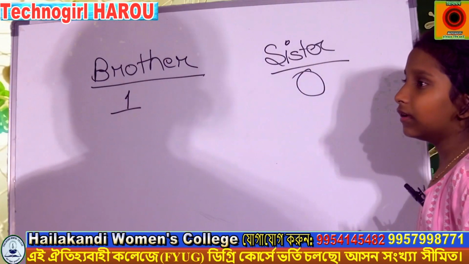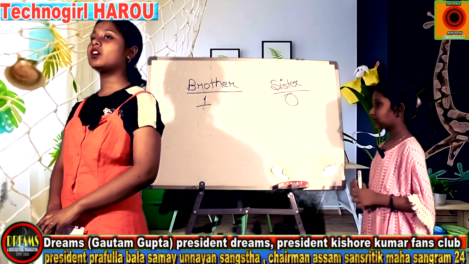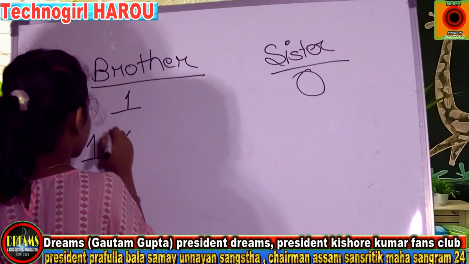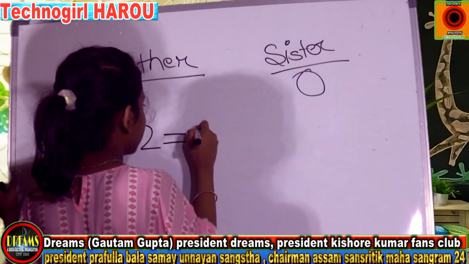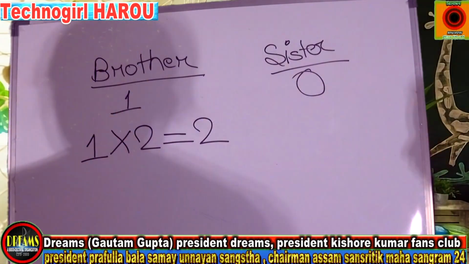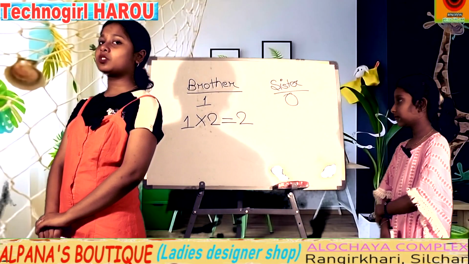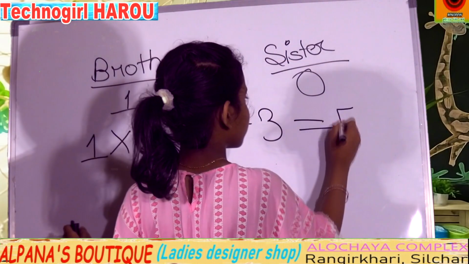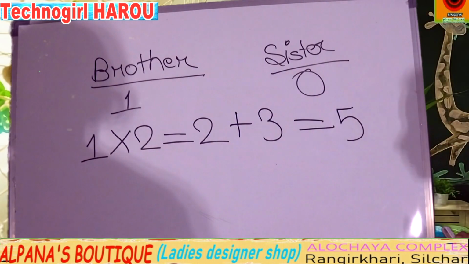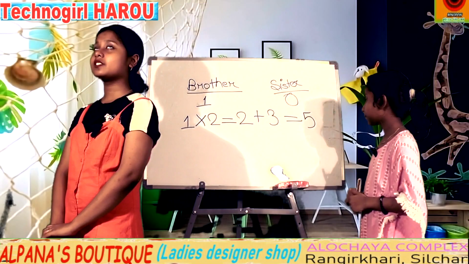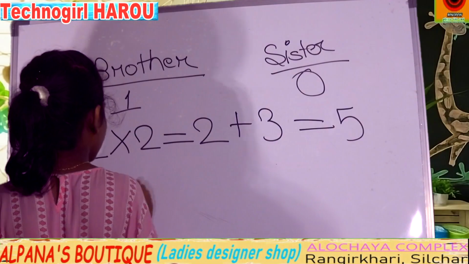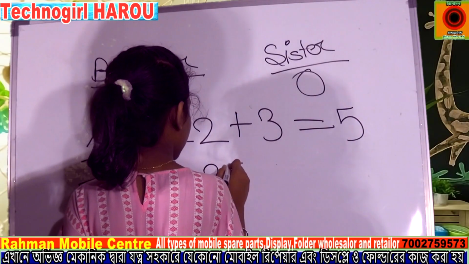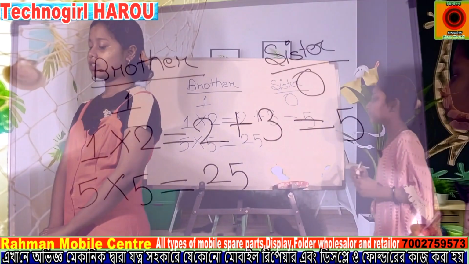Yes, I have done. Now multiply the number of brothers you have with 2. Yes, I have done. Now add 3 to the result. Yes. Now multiply the result with 5. Yes.